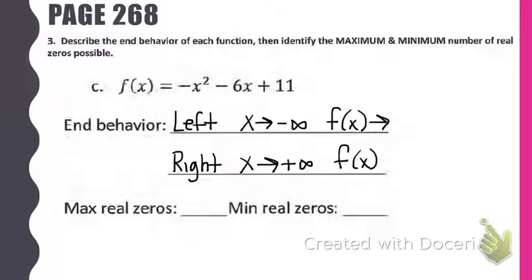Go ahead and try to take a couple of moments. Remember, you're answering your question off the highest degree, which in this example is a negative x squared.